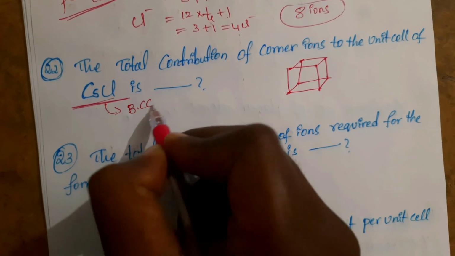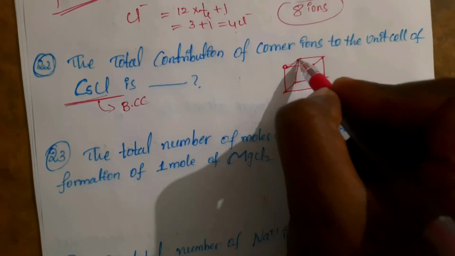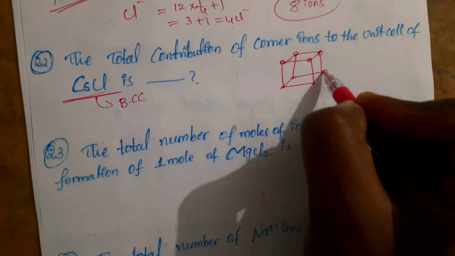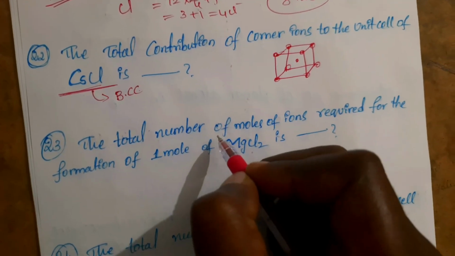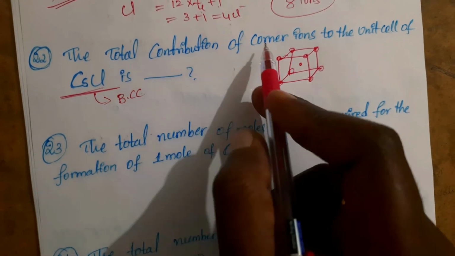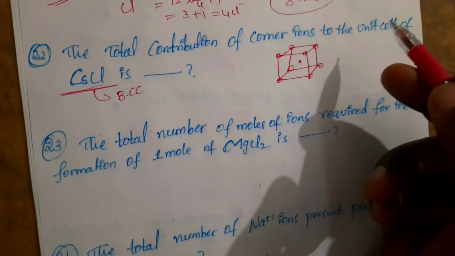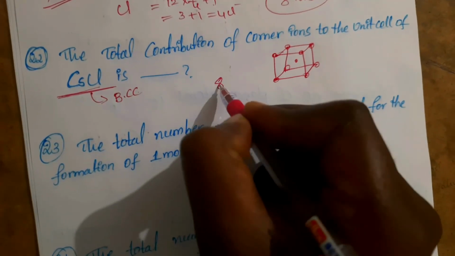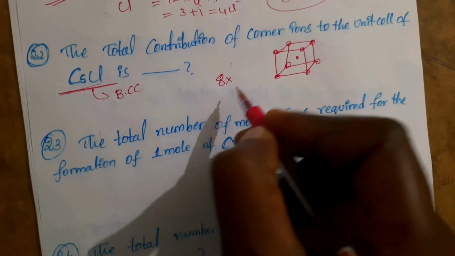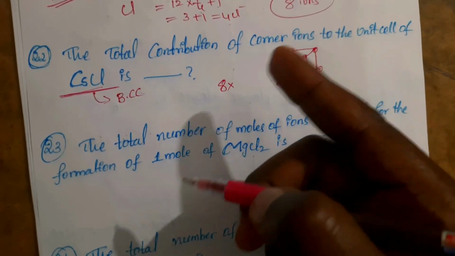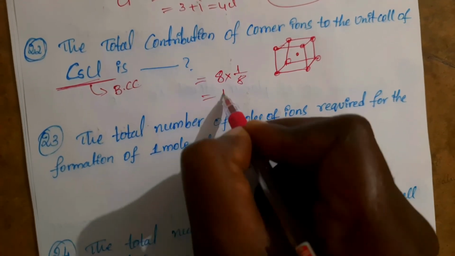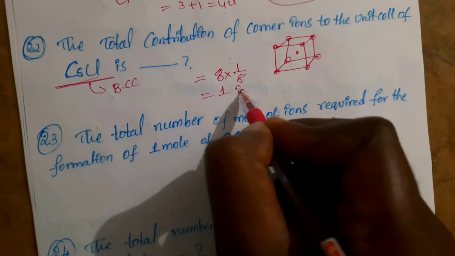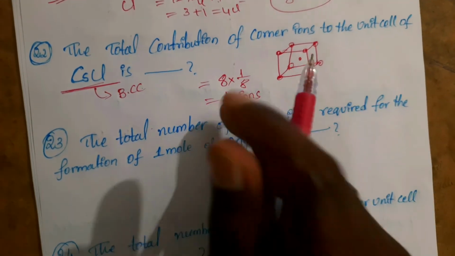Here atoms are present on the 8 corners and one atom is present in the center of the body. Now the question is the total contribution of corner ions to the unit cell. Only corner ions. How many corner ions? 8 corner ions. Each ion is shared with 8 other unit cells, 8 into 1 by 8. That is nothing but only one ion contributes towards the unit cell from the corners.